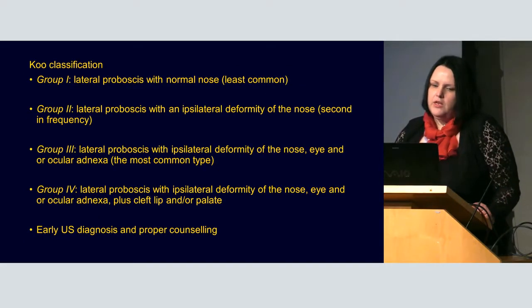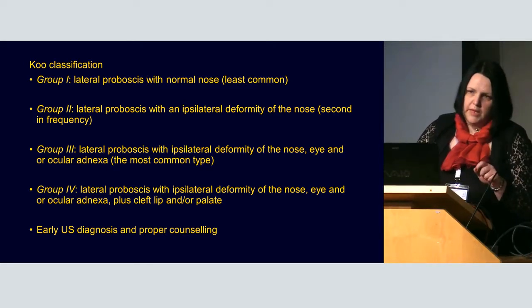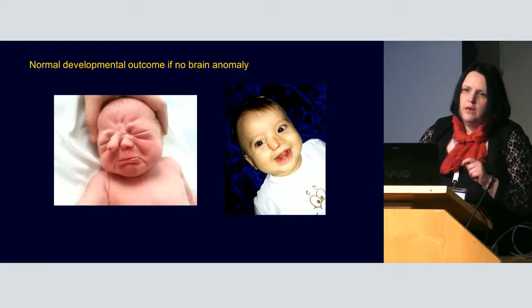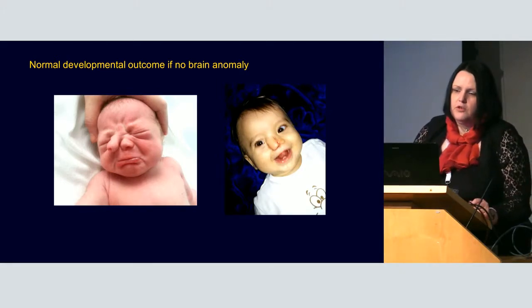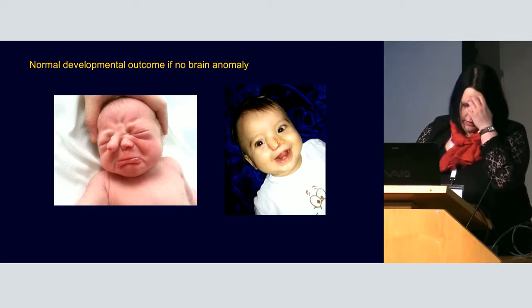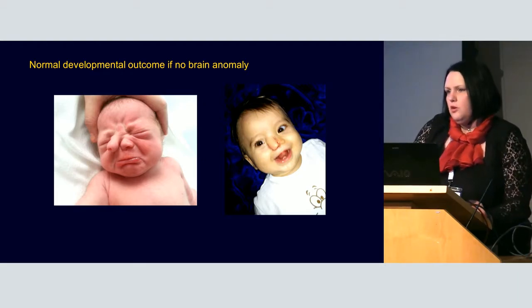The most known classification, it belongs to KU, and in our case it was diagnosed in group 2, and it's possible to make an early ultrasound diagnosis and of course to have proper counseling, because usually the normal development is fortunately absolutely without any other implication if there is no brain abnormality.